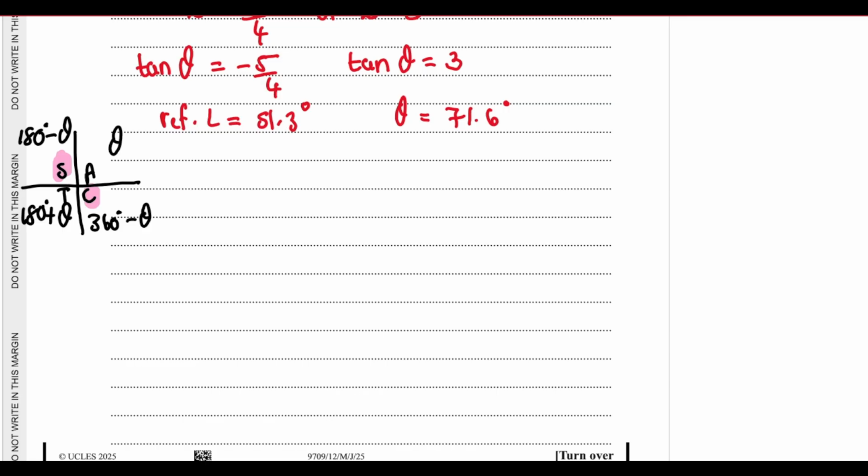You get the same answer because tan repeats every 180 degrees, so it's kind of symmetric. So all we need to do is our theta for when tan is negative 5 over 4 would be 180 degrees minus 51.3, which gives you 128.7.